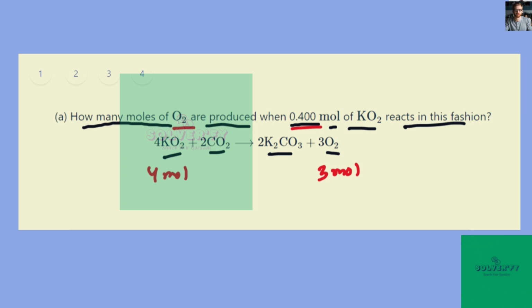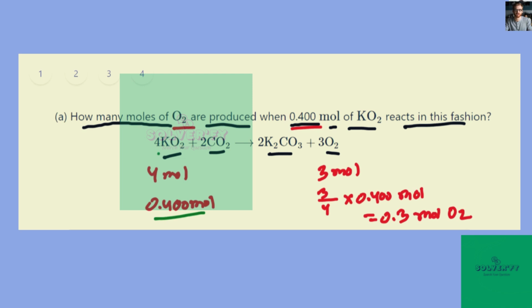That means 0.4 mole KO2 will produce 3/4 times 0.4 mole, which is equal to 0.3 mole O2. That means 0.4 mole of KO2 will produce 0.3 mole of O2.